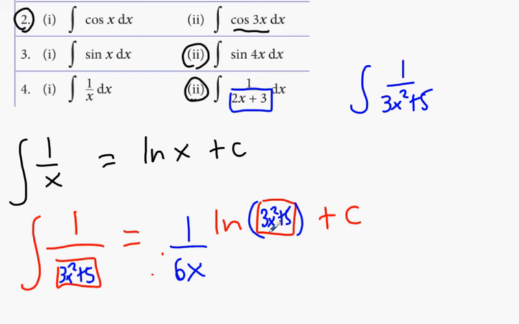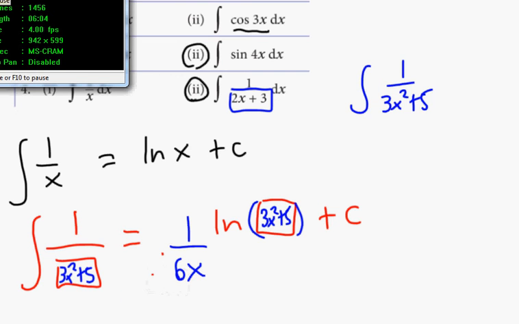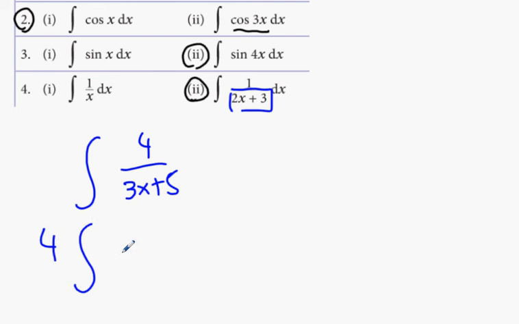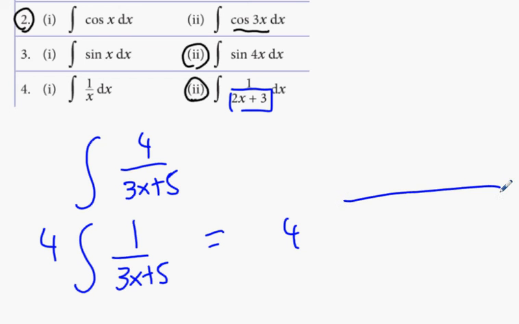That is the normal way. Something like this, guys. If I had, instead of one like this, integrate 4 times 1 over 3x plus 5, something like that, what I can then change this question to is 4 times the integral of 1 over 3x plus 5, and it's going to be 4 times the answer for the integral.